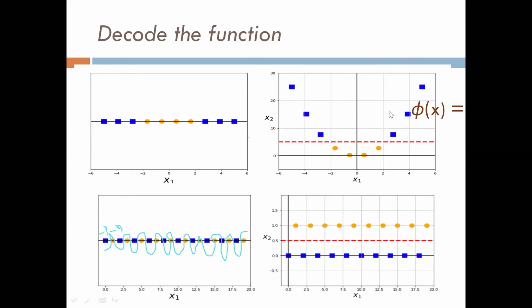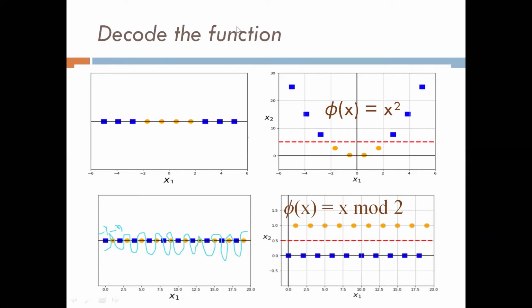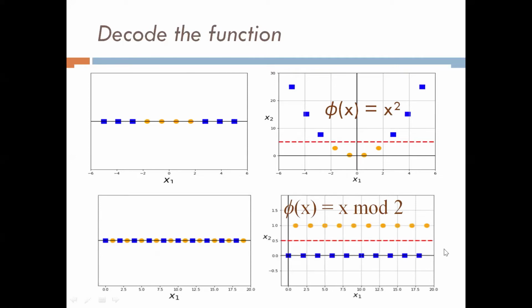Let us see the function also. In the first one I used x square, and in the second one I used modulus 2. If the remainder is 0, that means it is an even number, so I'm making it +1, and in case of an odd number I'm making it -1. That is what a kernel function is doing; you can draw any such mapping.